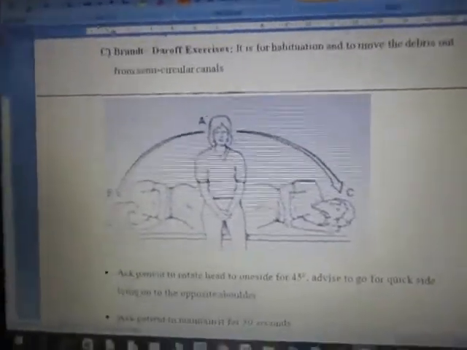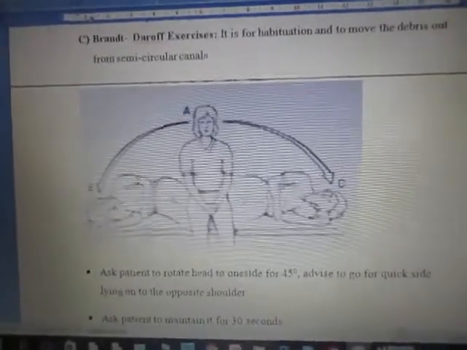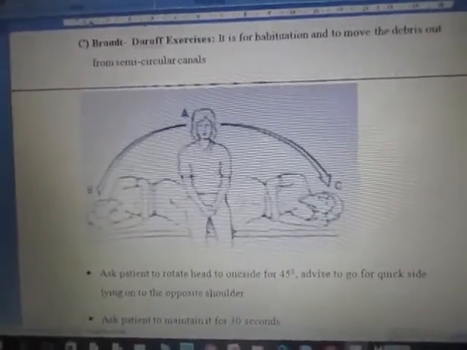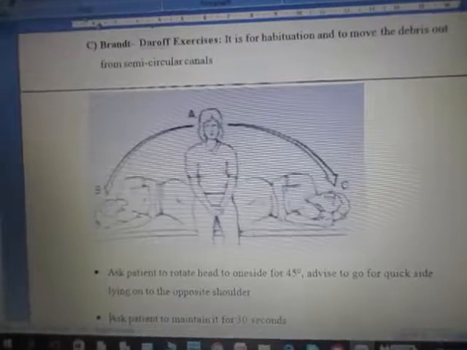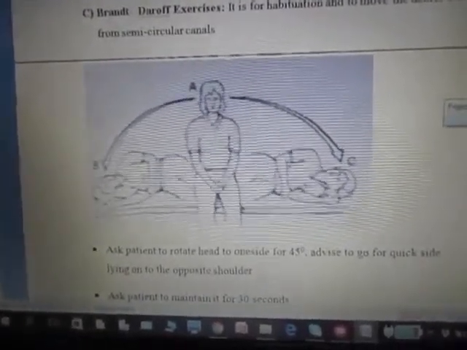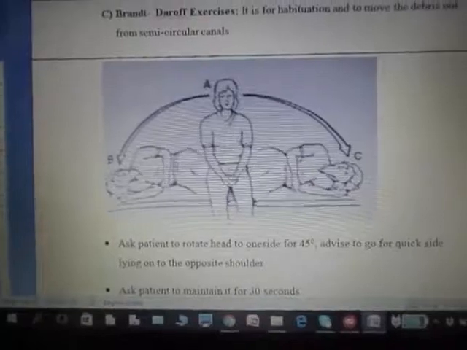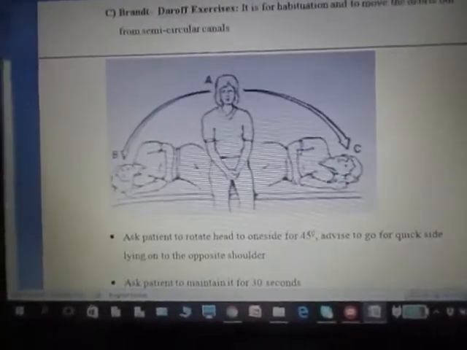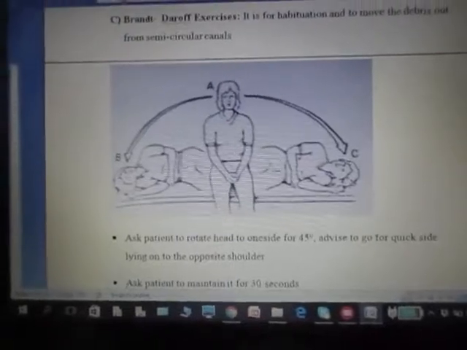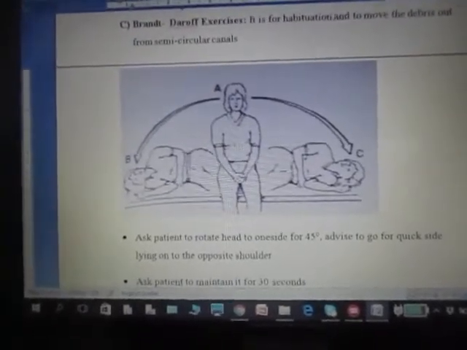It is the habituation, and to move the debris out from the semicircular canals. Okay, then the patient rotates the head to one side by 45 degrees, it is not our affected side but the normal side. To any side he can rotate his head to 45 degrees. Advised to go for quick side lying onto the opposite shoulder.